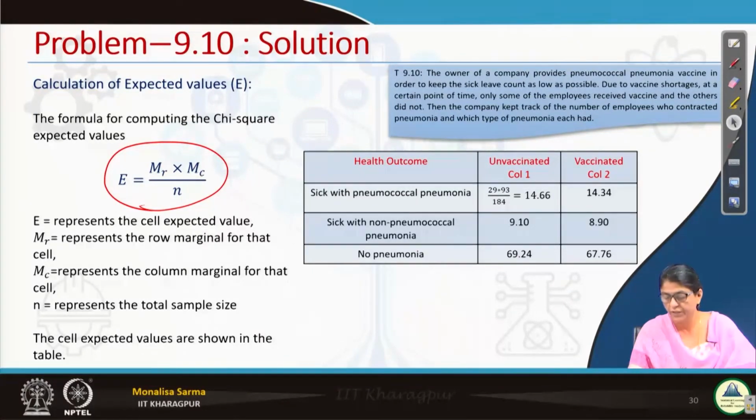Now here, this is one cell, this is the second cell, this is the third, this is the fourth, this is the fifth, this is the sixth cell. Now, to find out the expected value for this cell, how do I find it? The row marginal into column marginal divided by the total number of values.